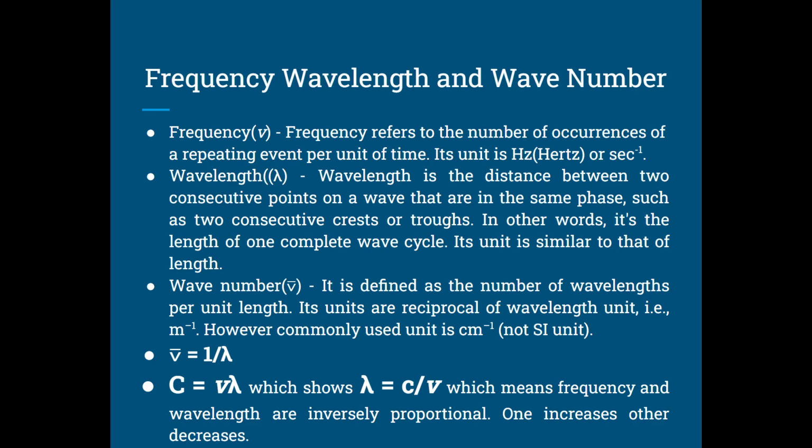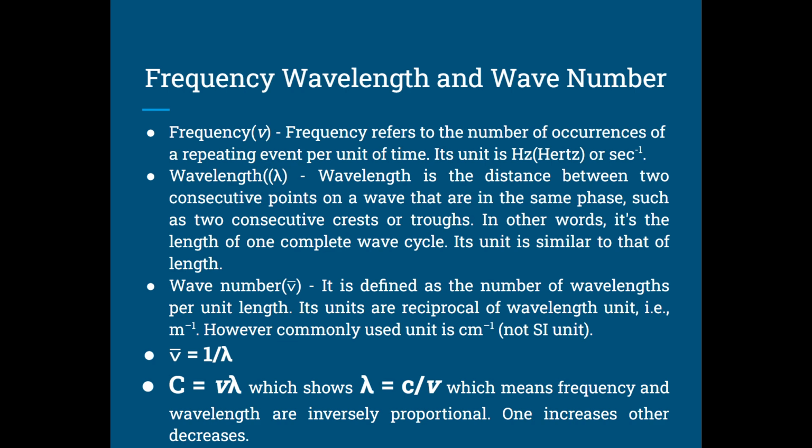So this is frequency. It is denoted by nu and its unit is per second or hertz, written as Hz, or second inverse. So if a question gives second inverse, then it is frequency, and if it is hertz, then also it is frequency.